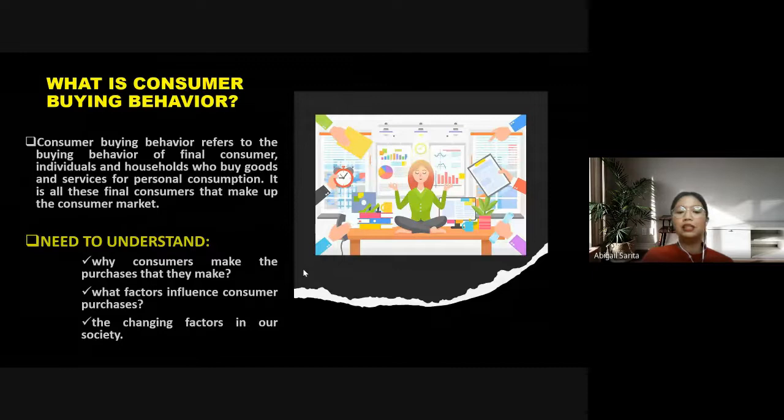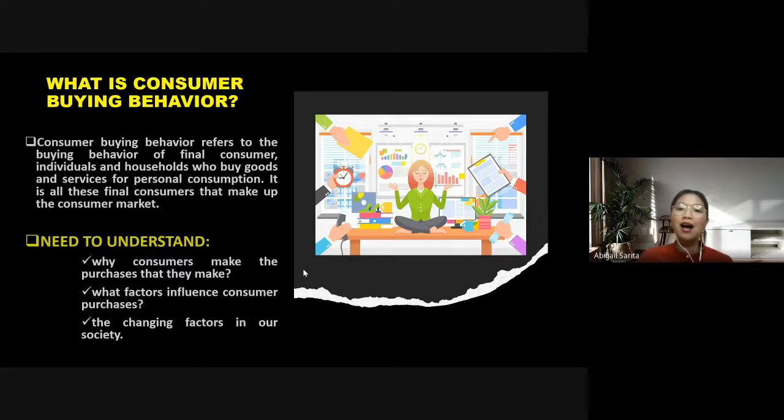Another one is the changing factors in our society. So class, our society has a very huge impact in terms of our preferences and behavior, especially the social media platform. From our day-to-day lives, for example, during your browsing on Facebook, may nakikita kayong sponsored ads or mga videos related to products and services.